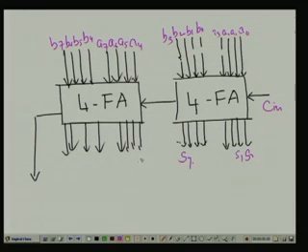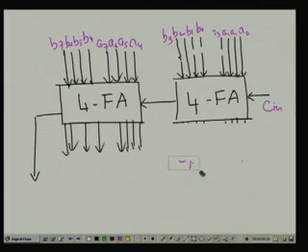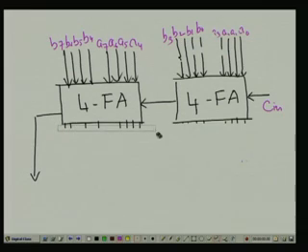And similarly here, there will be 4 sums, because we have taken the 4-bit adder. So for A0 B0 summing, it will generate S0.